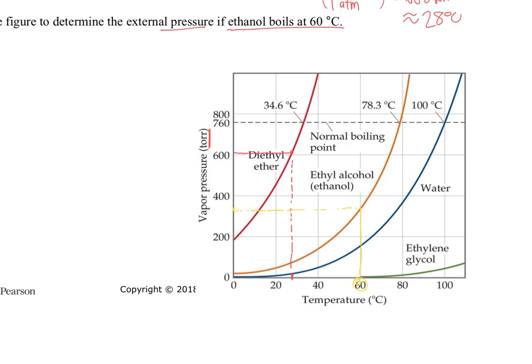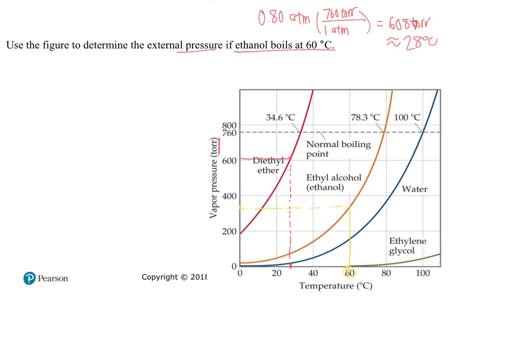I went a little bit further down, so we can see that the vapor pressure is about 320 torr. And once again, maybe you said 330, maybe you said 340. It's an approximation, so give your best guess.